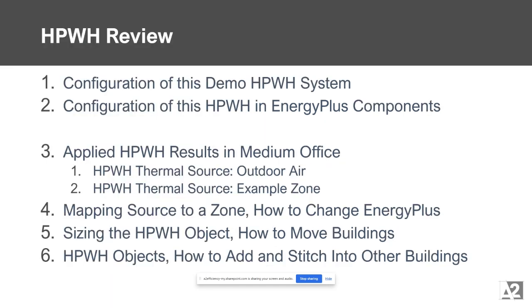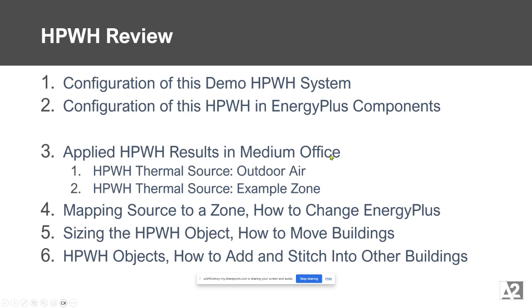So what we're going to do in this demo is we're going to talk a bit about configurations of this heat pump water heater system. We'll then look at how that is configured in components in EnergyPlus. And then we're going to look at an example of those components in this medium office model.